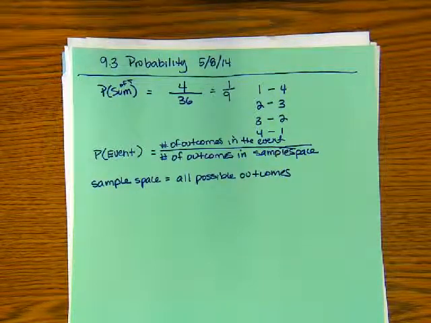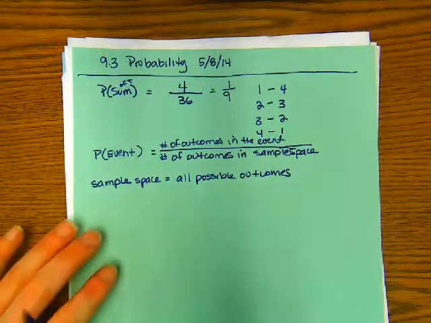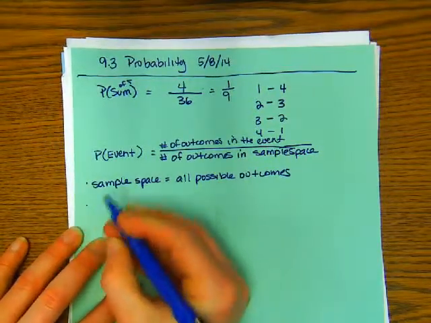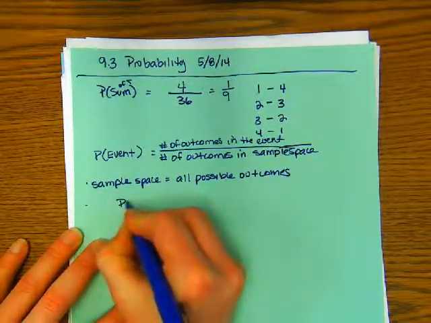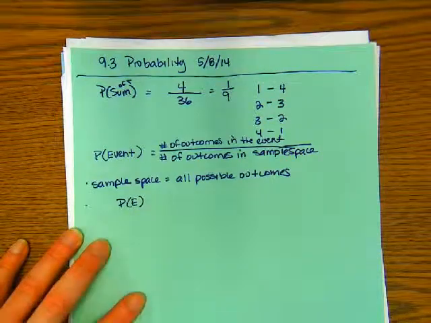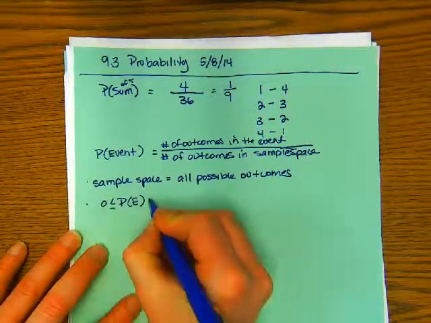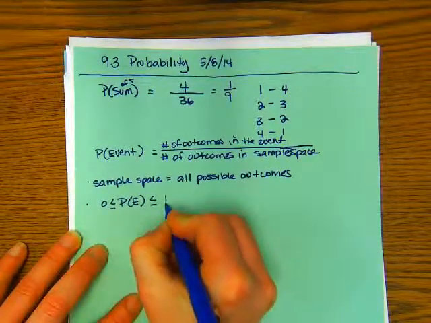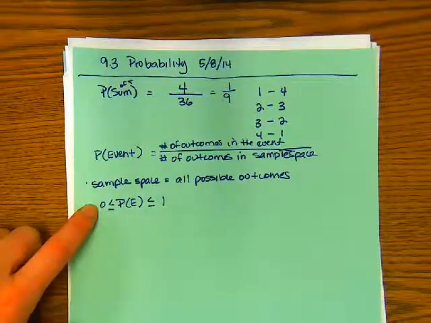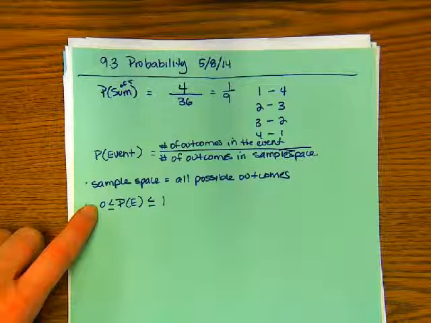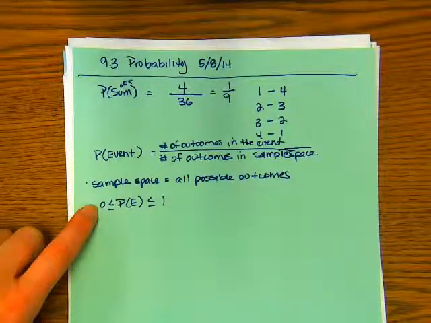Okay, tell me what you know about probability. Can it be greater than 1? No. So when I'm talking about probability, the probability of an event, I'll write probability of E, has to be greater than or equal to 0 and less than or equal to 1. What does a probability of 0 mean? No chance of happening.